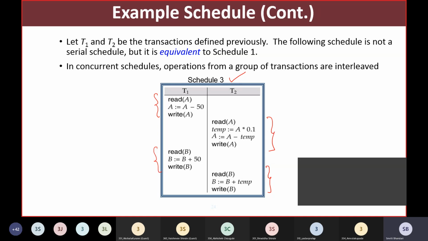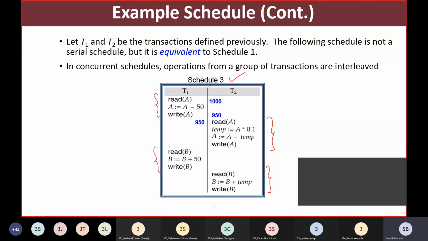Now, if we look at this concurrent schedule and go on using the balances and performing the operations, let us see what happens. In schedule number 3, transaction T1 comes in and reads the initial balance, that is 1000, then deducts 50 from it and writes the balance back to the database. So 950 is written onto the database.